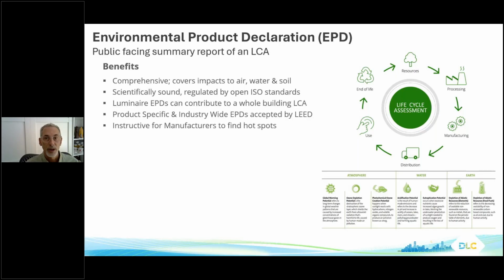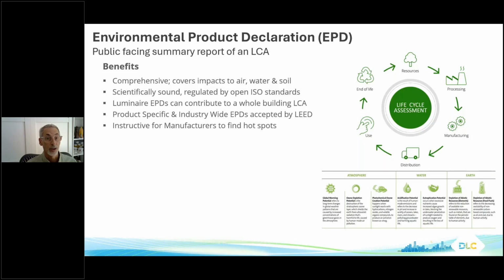The benefits of an environmental product declaration is they're very comprehensive. They cover all of the environmental impact to the air, water, and soil in 7 different categories, as you see in the bottom right of the chart. The process for life cycle assessments is very sound. It's regulated by ISO standards.